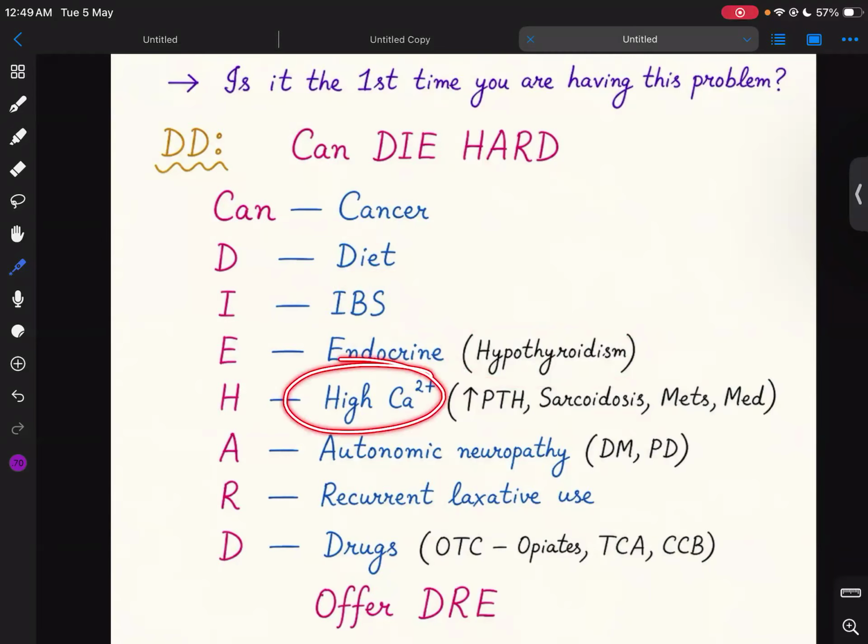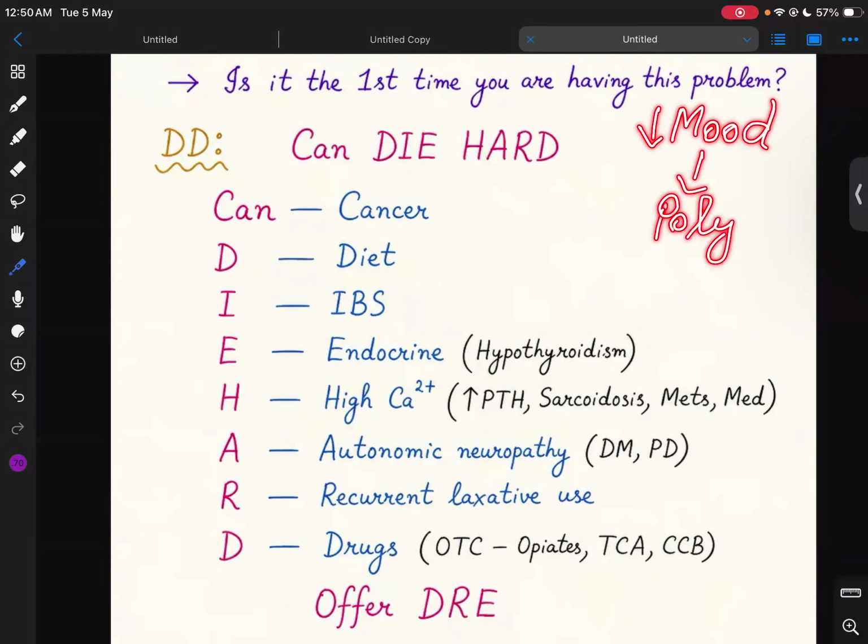To rule out the hypercalcemia, we have to ask the symptoms of hypercalcemia, starting from the low mood, then polyuria, polydipsia, then constipation is itself a given prompt. We can also add gravels passing through the urine.